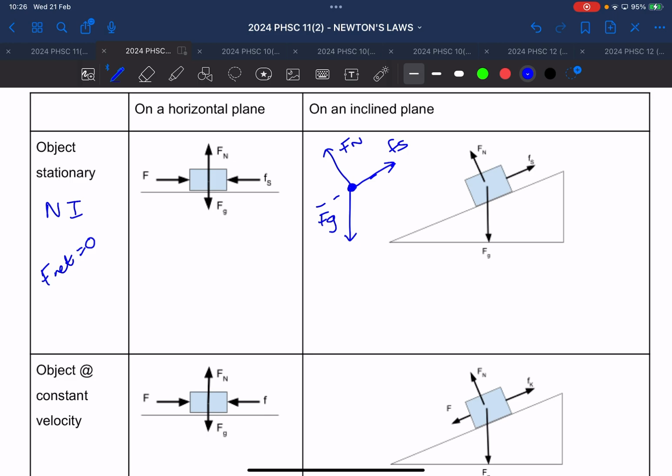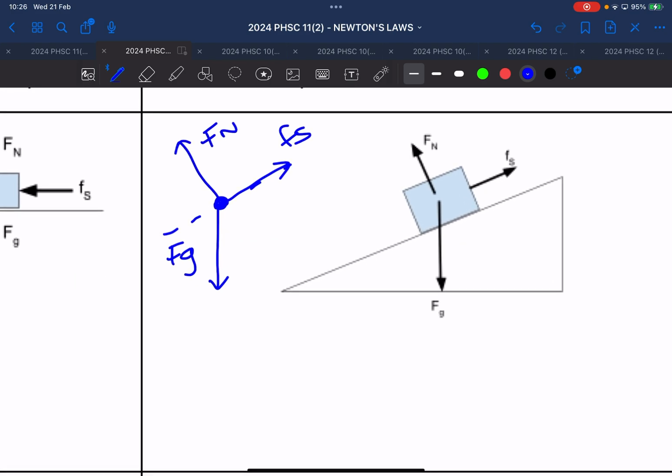You see, static friction there is parallel to the incline. And if this thing was not stationary, it would be sliding down. So it's in the opposite direction of, what's that word that I just said? The tendency of motion. Okay.